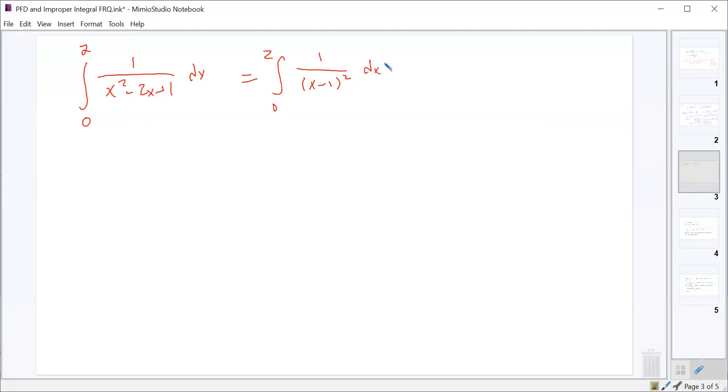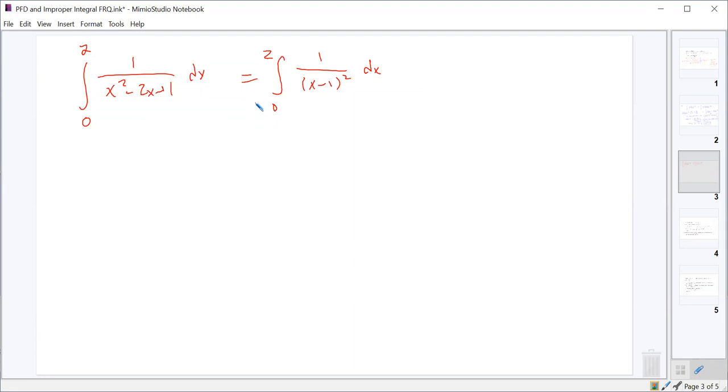And we'll note that this has a discontinuity at x equals 1, a vertical asymptote, an infinite discontinuity, and that's within our limits of integration.